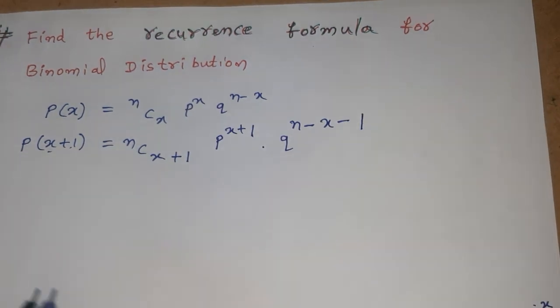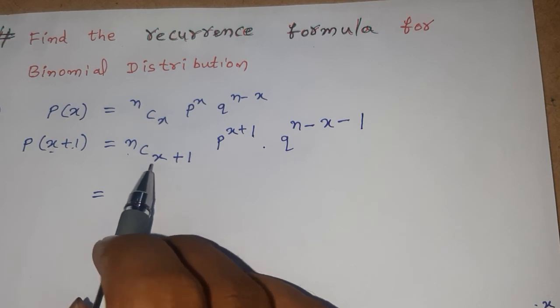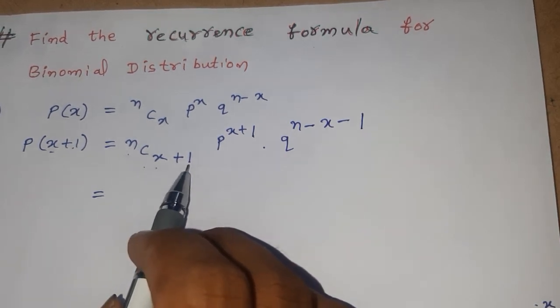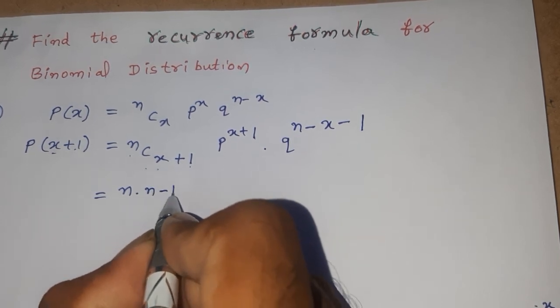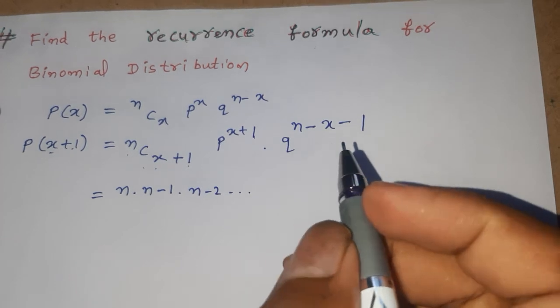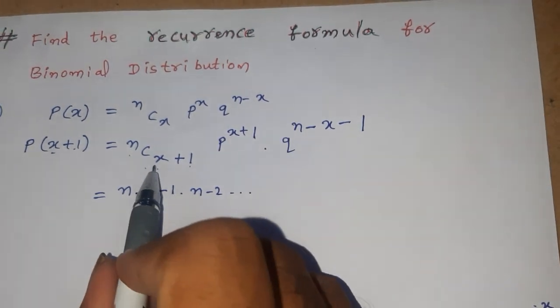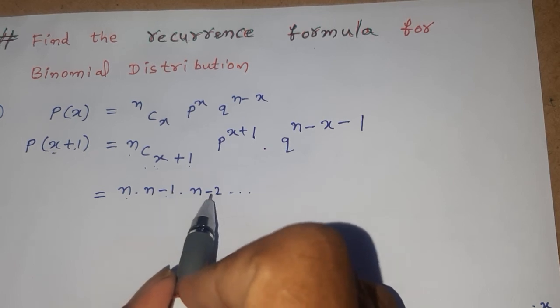Now nC x plus 1 can be written as n into n minus 1 into n minus 2 and so on, up to x plus 1 terms. First term, second term, third term.